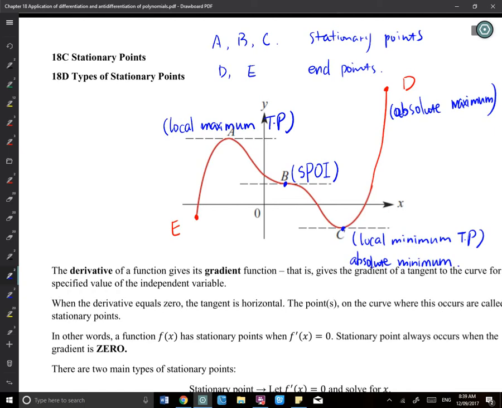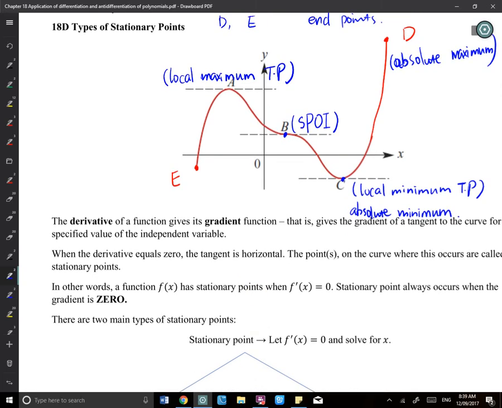Local minimum, yes, because that's a minimum turning point. And it can also be the absolute minimum because that's the lowest point for the given domain. Those are just some names we'll learn for this exercise.